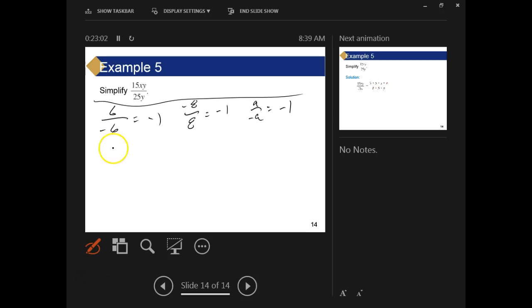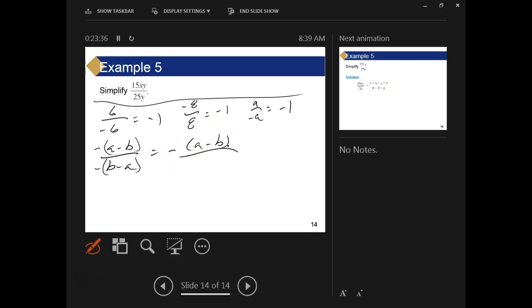But how about this one? A minus b over b minus a. Say again? No, it's not 0. It's going to be negative 1 as well, and here's why. What if you multiplied the denominator and the numerator by negative 1? But only do it once. That doesn't change the form, right? So this will be a minus up here, a minus b.